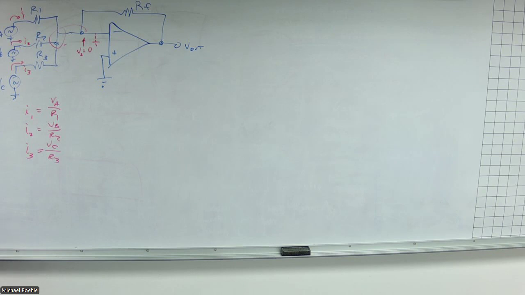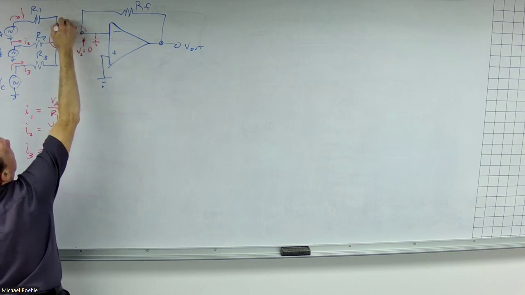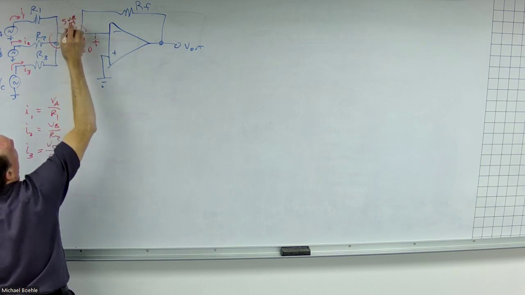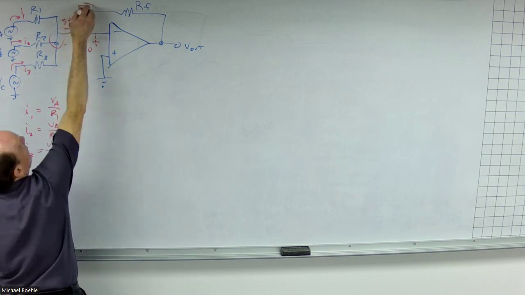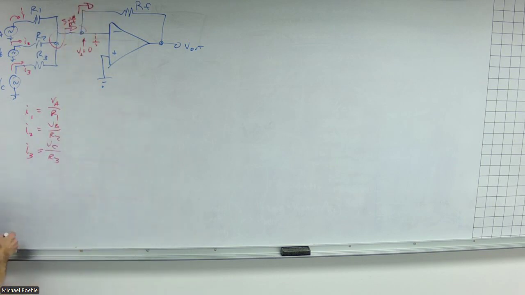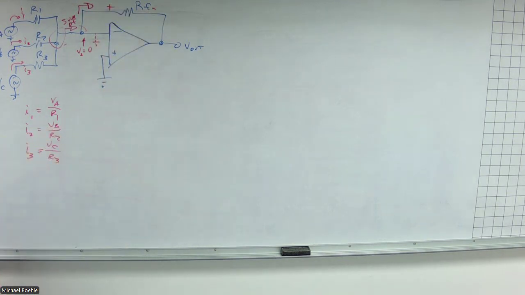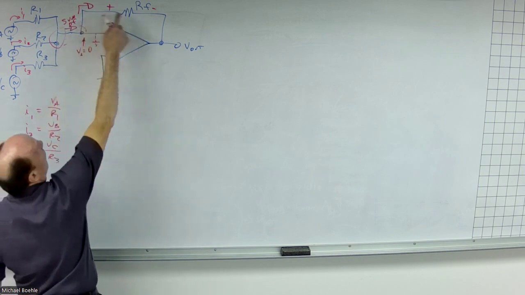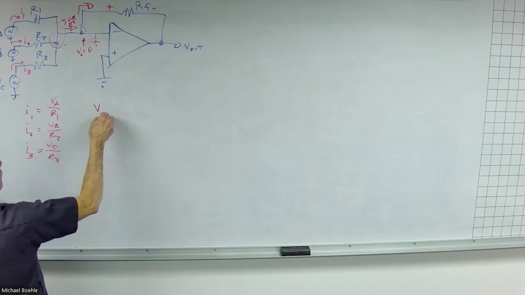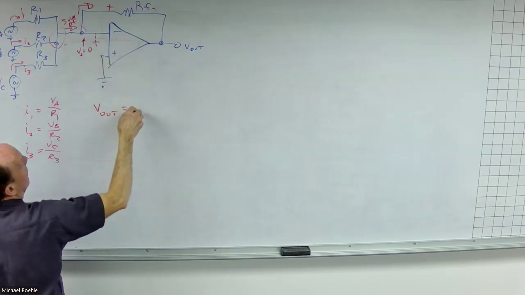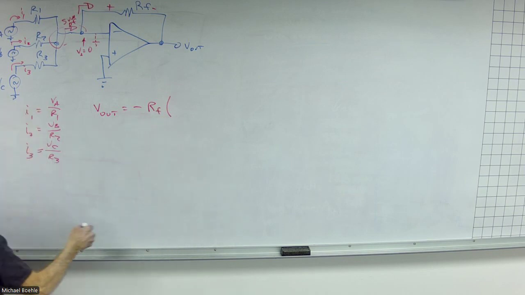Kirchhoff says they add up. And so the actual current coming in here is the sum of those currents. And that's the actual current that comes out there. Now, in this direction, we get that same polarity. Those currents are then multiplied by RF. So what you end up with, the output voltage, will be negative RF times those currents.